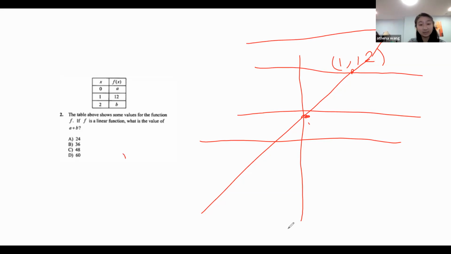So if we have that, we have (a plus b) over 2 is 12, and then we have a plus b is 24. So that's just a way to visualize.